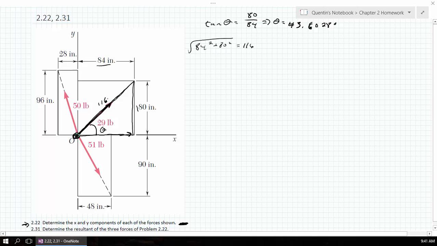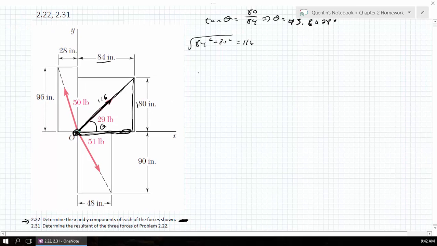Okay, why do I care about that? Well, the x component of the 29 is equal to 29 times cosine of theta, right? What is cosine of theta? Theta is 43.60, so you could go through and figure it out. But you could also say the cosine is the adjacent over the hypotenuse.